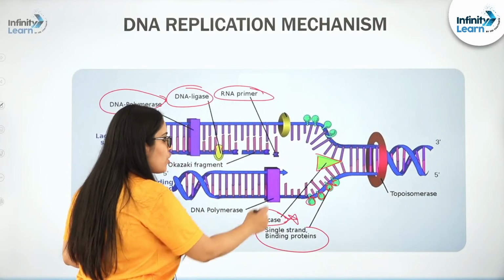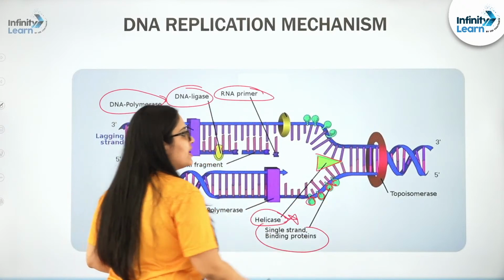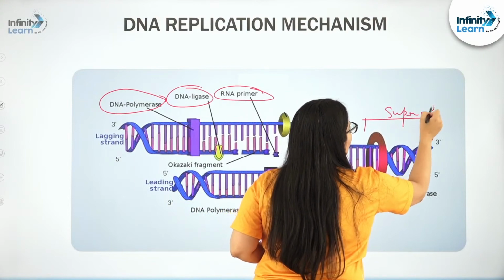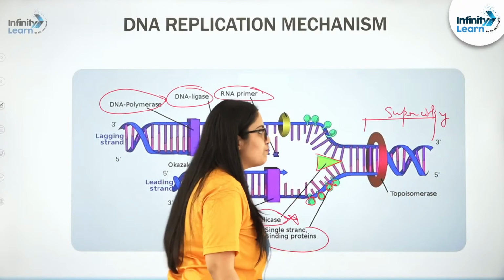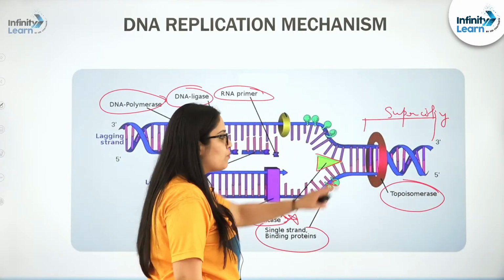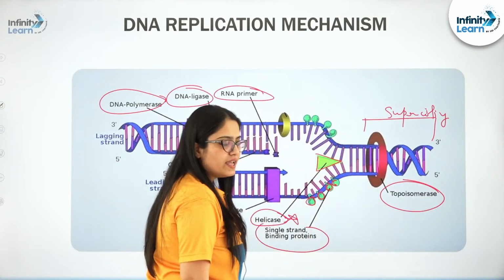Because of helicase unwinding the DNA molecule, there will be supercoiling in the DNA ahead of the replication fork, which will be released with the help of topoisomerase. Topoisomerase will release the tension in this part of the DNA, right.